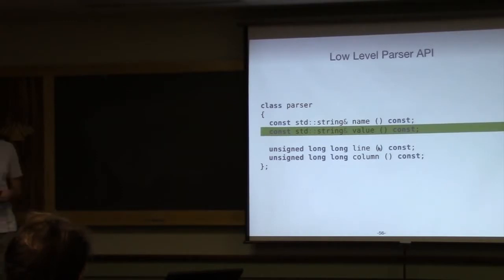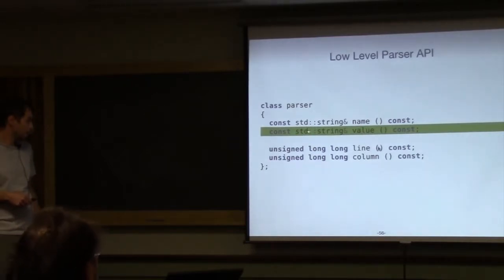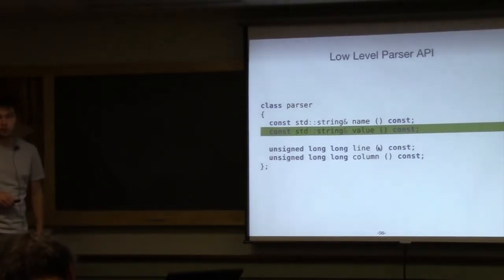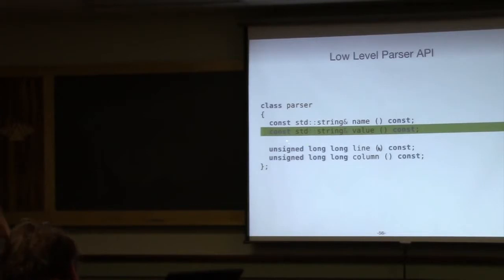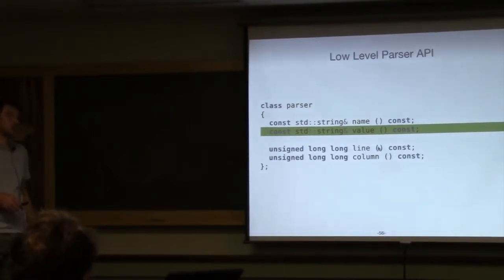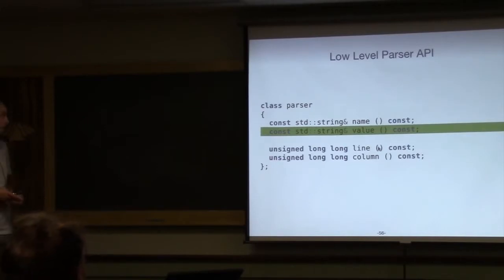So the application encoding is UTF-8. Sorry, the question was: is there any specification on the encoding of the data that is returned, not only by the value function, but all the functions that return, like, attribute names and everything. And the answer is the application encoding is UTF-8.